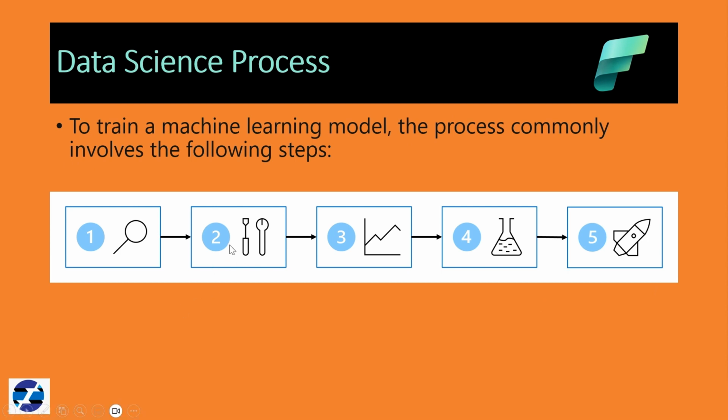Getting the data is finding the data source and getting access to store the data in the lakehouse. Number three is preparing the data, where we explore and read the data from the lakehouse into the notebook, and clean, trim, and transform the data based on the model requirements.